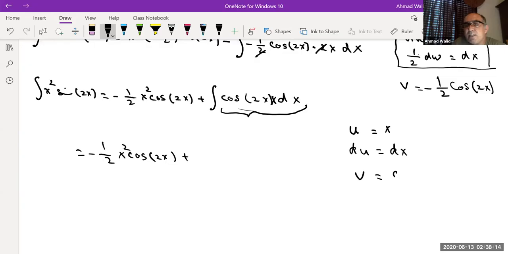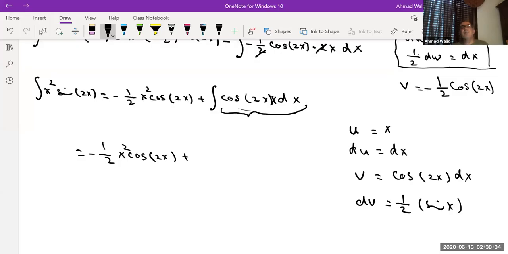Your dv is cosine 2x dx. Then v will be, what is the integral of cosine 2x? The integral of cosine 2x is 1/2 of sine 2x. Why 1/2 of sine 2x? Do substitution again here, correct? Use the chain rule. It gives you 1/2 of sine 2x.